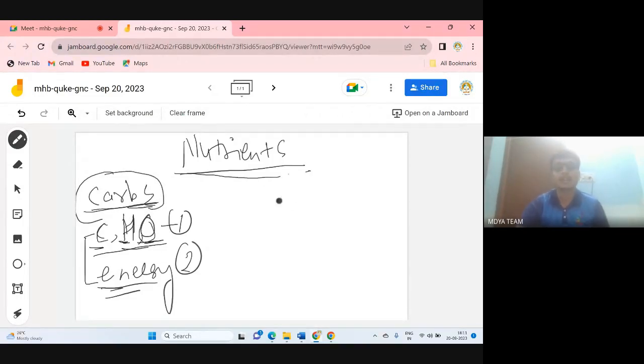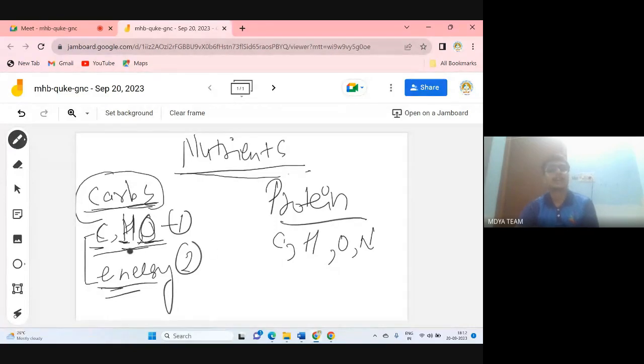Now let's talk about the other category, protein. What is the basis of classification to put some chemical substances into this category? Similarly, those chemical compounds which have the formula C, H, O, and N. Carbon, hydrogen, and oxygen are present in carbohydrate, but in addition there is one more element here, nitrogen.